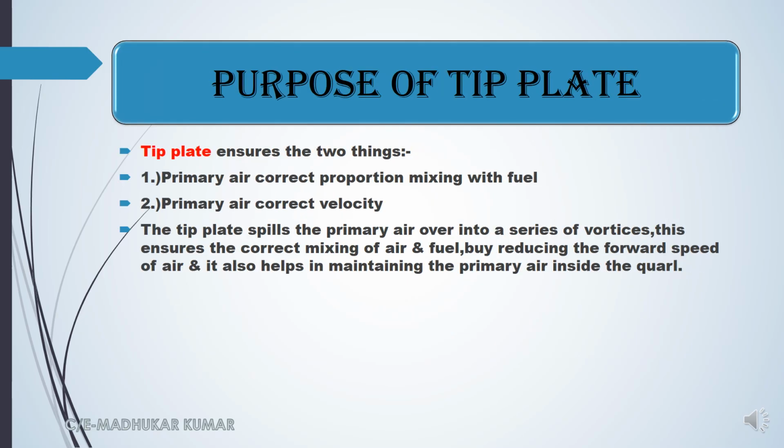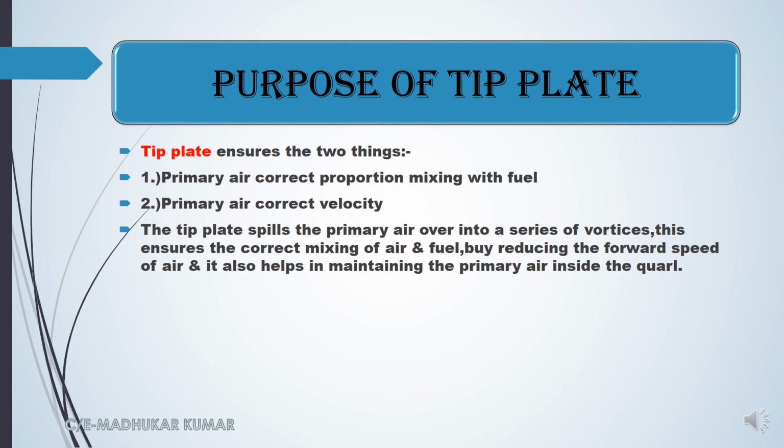Now, what is the purpose of the tip plate? The tip plate ensures two things. Number one, the correct proportion of the primary air mixing with the fuel, so the air fuel mixing ratio, and the correct velocity of the primary air. So basically, the primary air mixes properly with the fuel and with the proper velocity, because earlier we have seen the amount of air fuel which is coming to the furnace and the amount leaving the furnace should be almost the same.